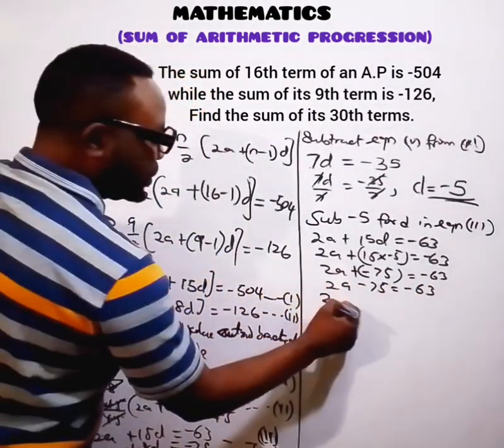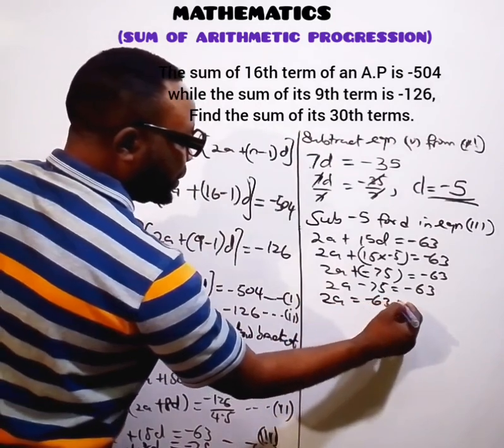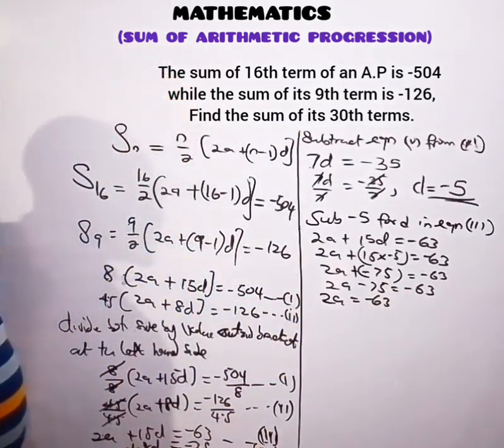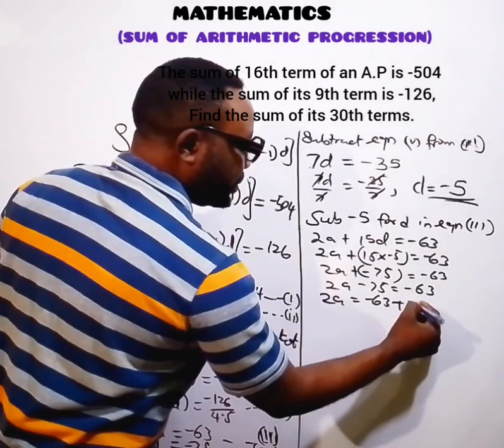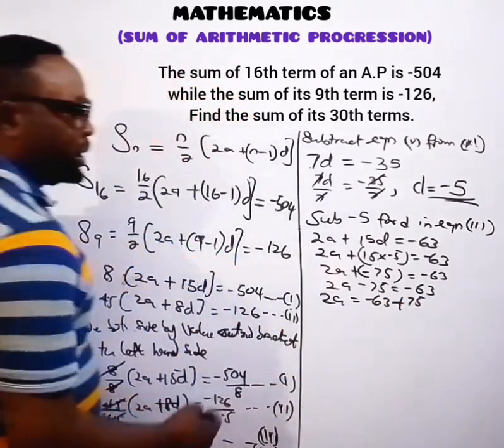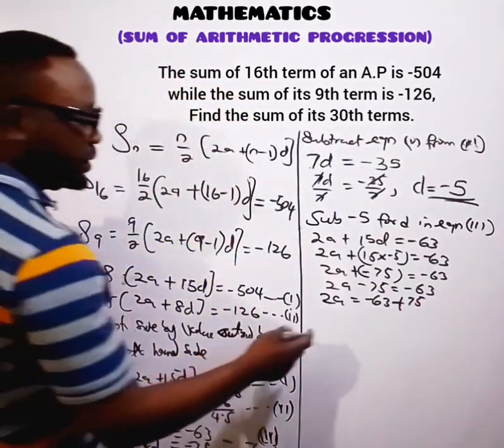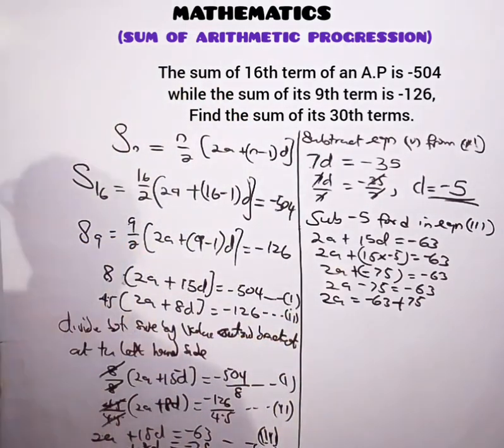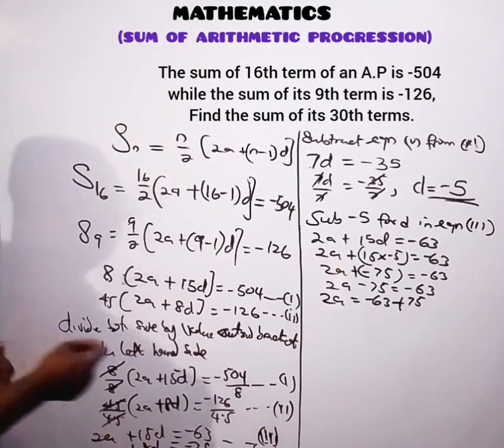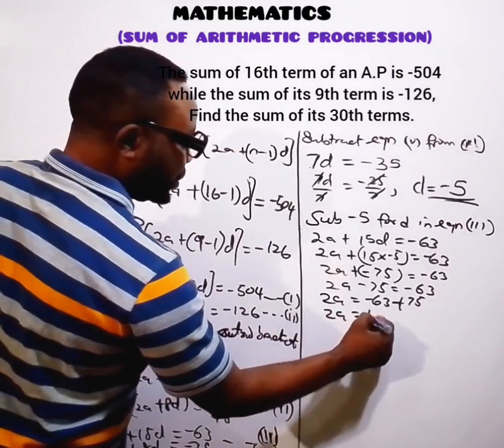Then we can also say that 2a is equal to minus 63. When this one moves across, the negative sign becomes positive, plus 75. It becomes minus 63 plus 75, which will give us 12. 2a is equal to 12.